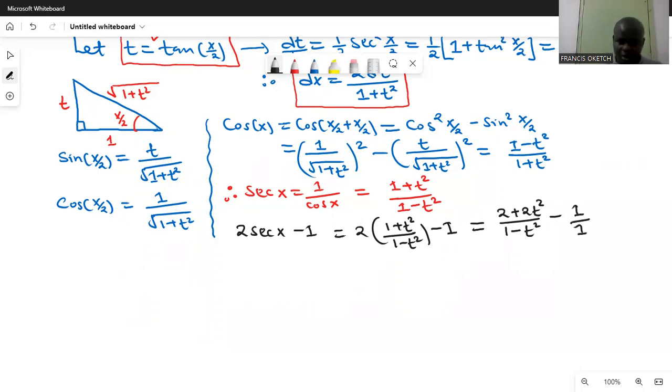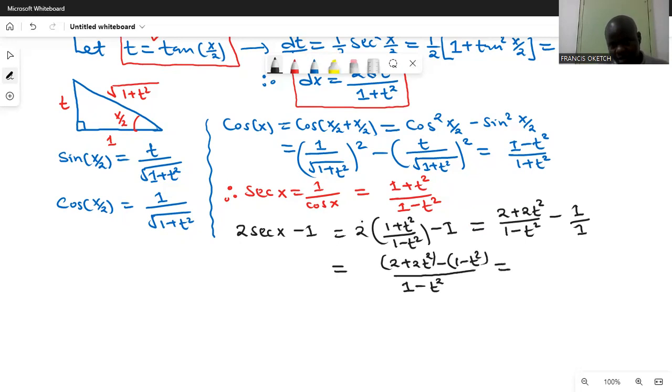So when you take the LCM, we are going to get 1 minus t squared. That's our LCM. So here we'll have 2 plus 2t squared, then minus, of course, I can put this in bracket, minus 1 minus t squared.